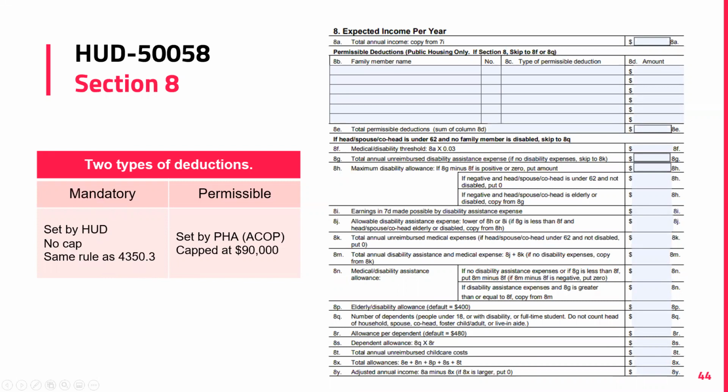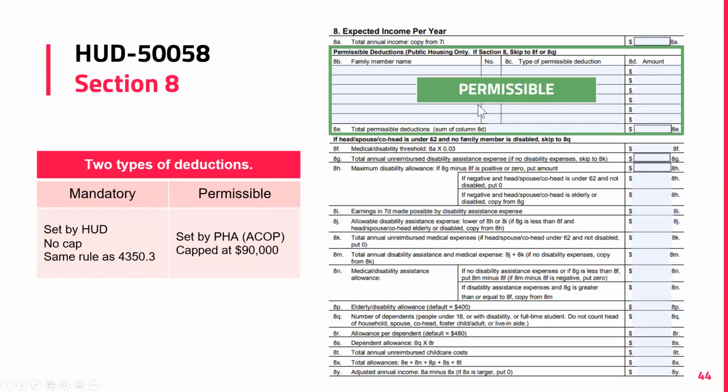So things like medical expenses, disability apparatus, and child care expenses follow the same rule as HUD. There's no cap. If they have $100,000 worth of child care expenses, because they don't find anything cheaper, we put $100,000 child care expenses in the file. There's no cap.